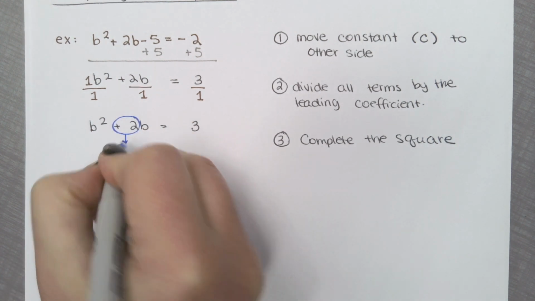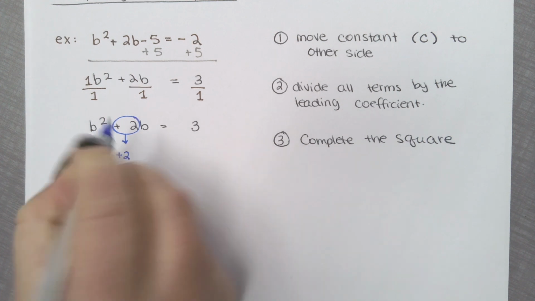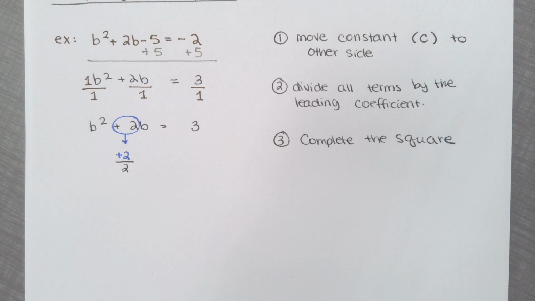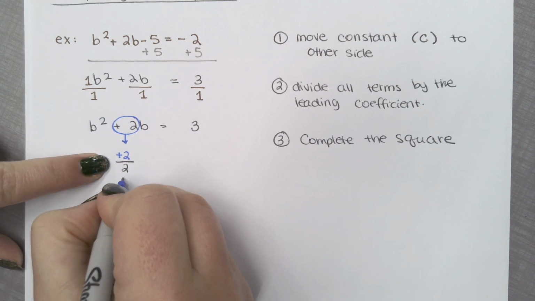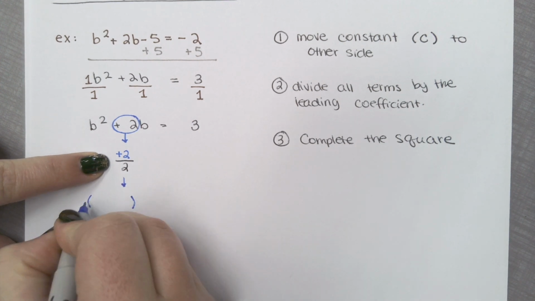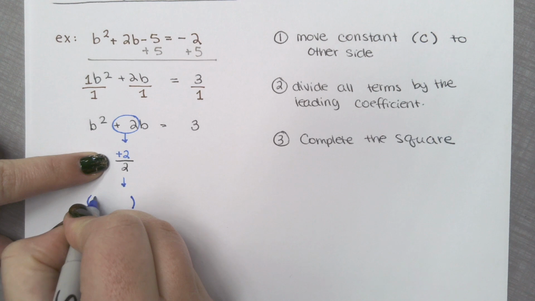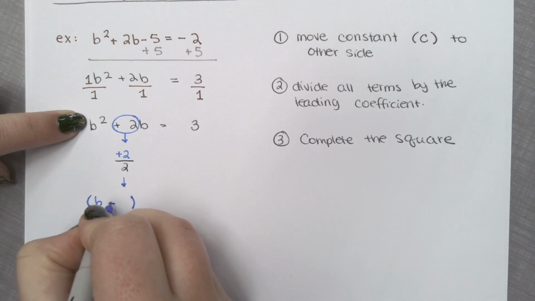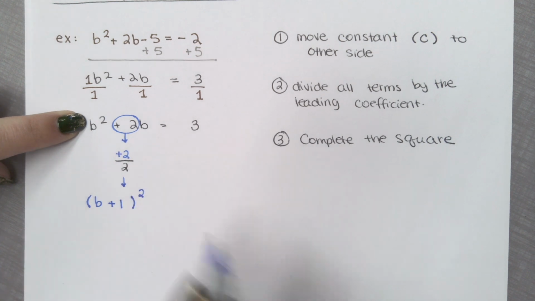So we're going to draw an arrow. This is a positive 2. And now for completing the square, you're always going to divide by 2. It doesn't matter what your b value is, it's always divisible by 2. And we got our perfect square. So I'm going to write out our perfect square, b, I'm using b because that's the letter they give us. And we got plus 1 squared.